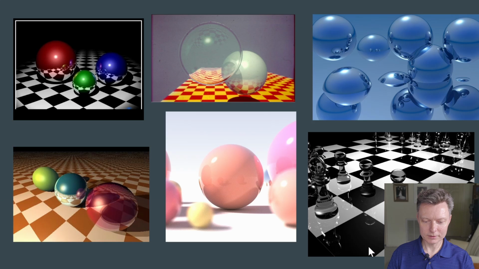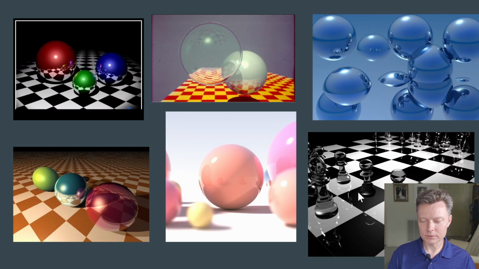So here's that. Typically classic historical ray tracing usually involves spheres because those are the easiest to intersect rays with, and also some kind of plane or floor with a checkerboard pattern. And so that's the classic style of ray tracing.